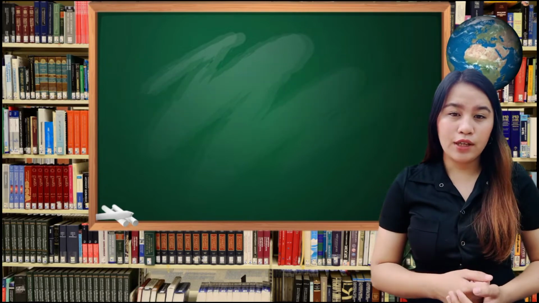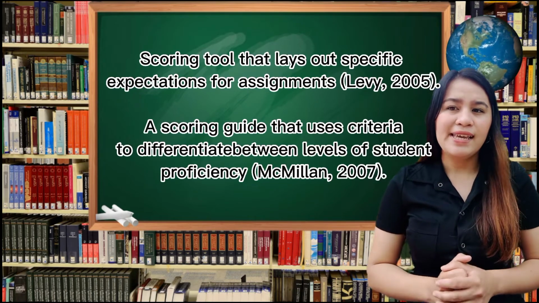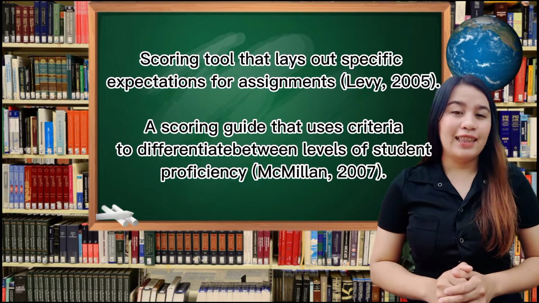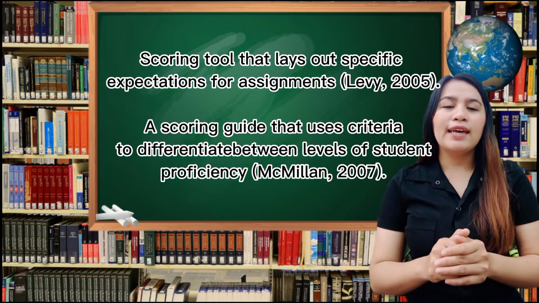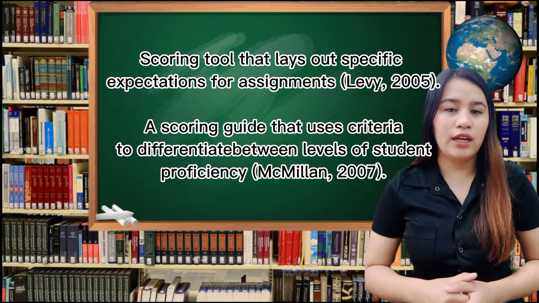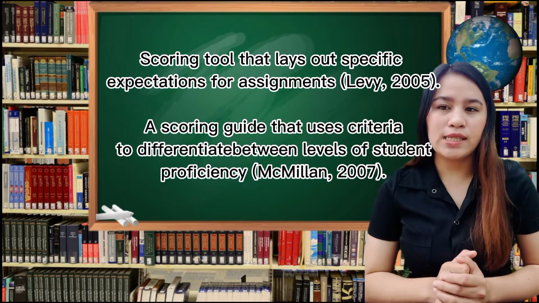Same as Levy 2005 and Macmillan 2007 clearly define that a rubric is a scoring tool that lays out specific expectations for an assignment, and also a scoring guide that uses criteria to differentiate the levels of students' proficiency.